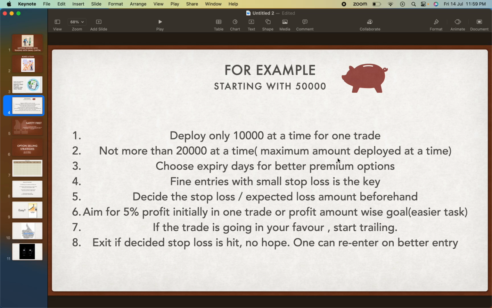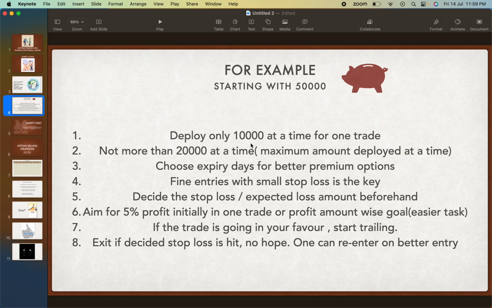That means this is the maximum amount that you are going to expose in the market at any given time. So out of 50,000, 30,000 will be kept aside and 20,000 max will be exposed. That 20,000 you can use for one single trade or divide into two and take two trades.